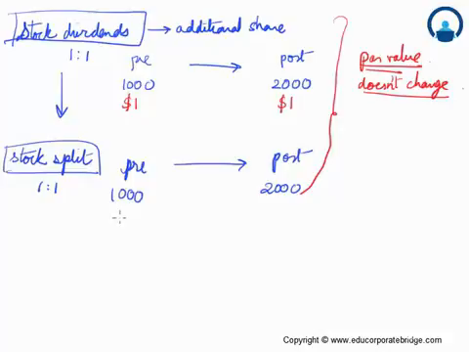However, when it is about stock split, if these were at $1 par value, the par value will reduce to an extent of the split, so here it will be 0.5. So this is the only change between the stock dividends and stock split, the way it is actually recorded in the shareholders equity section. So let's now look at an example and see how this actually works.